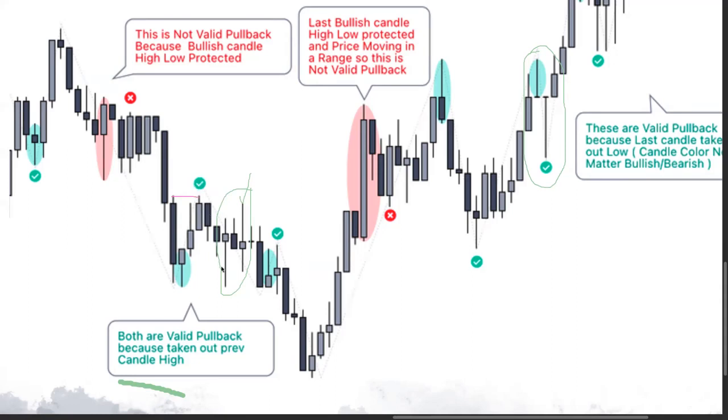Again, the market breaks this low. These lows are similar, I think. Again, the market pushes downside and finally breaks this low. This low is broken by this candle, so this candle high is taken out by this one.